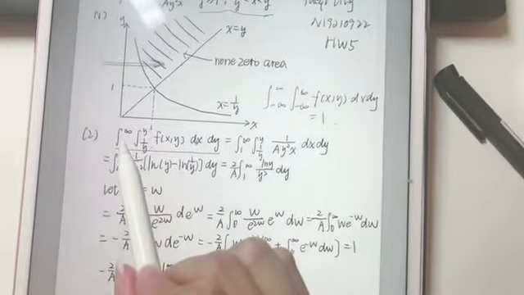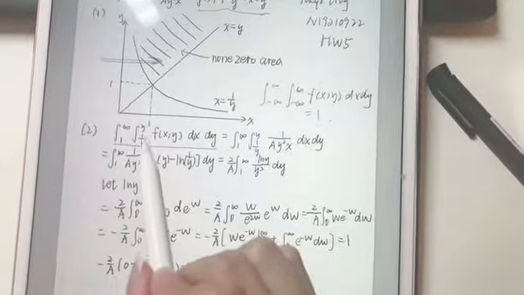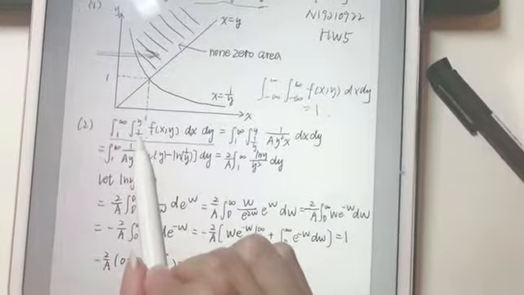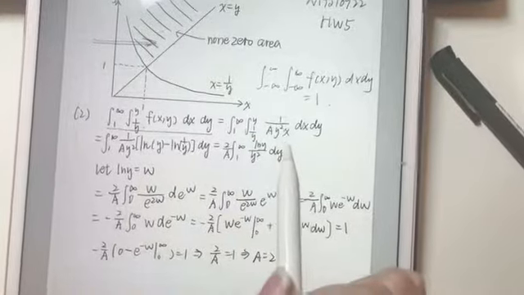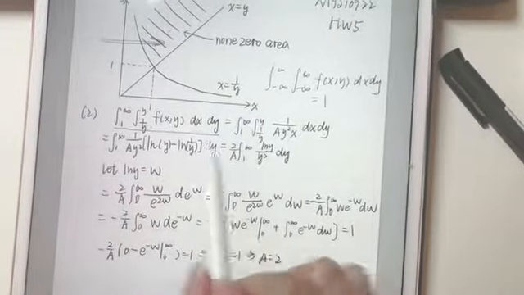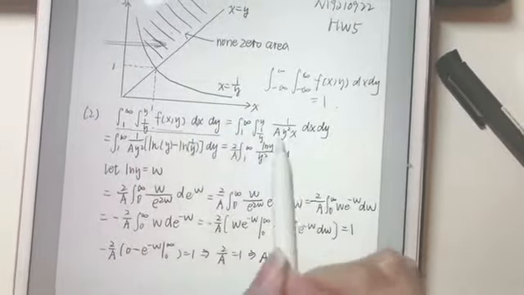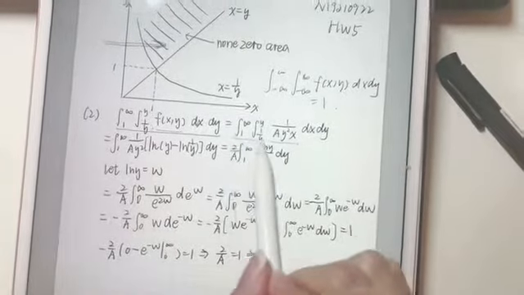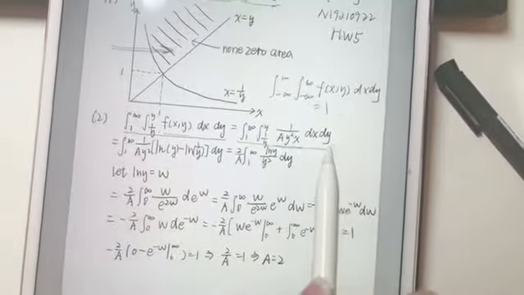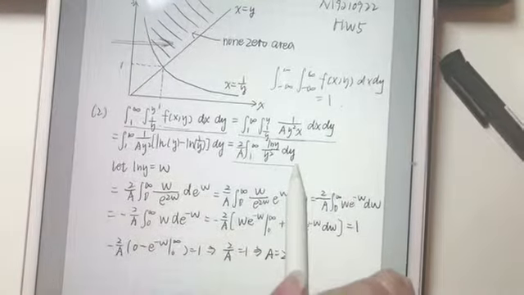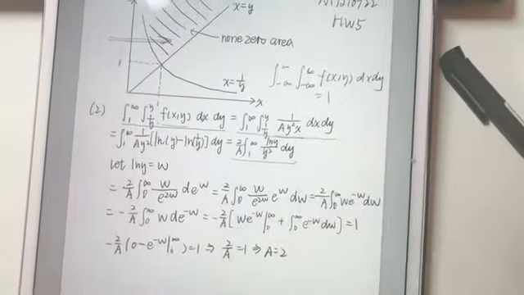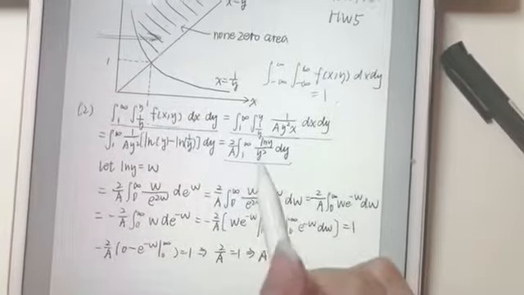That is y is from 1 to infinity, and x is between 1 divided by y to y, f(x,y) dx dy. And we put f(x,y)'s expression into it. We can get this expression, and we continue to calculate.